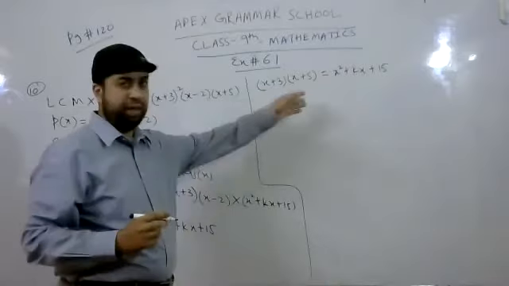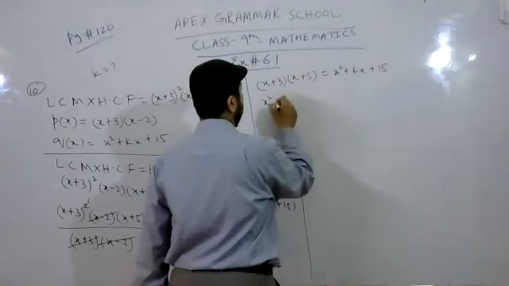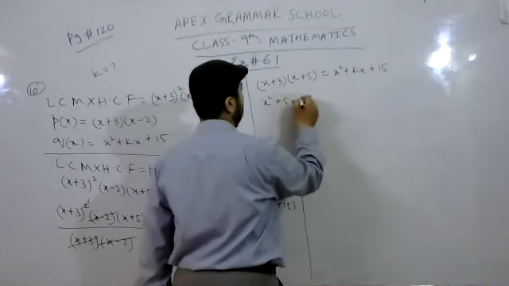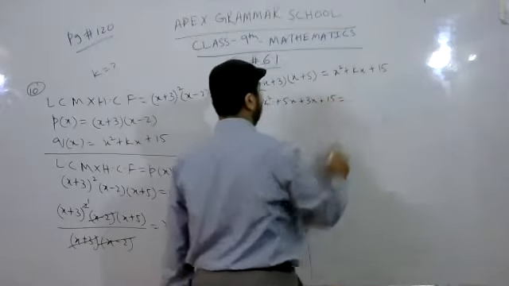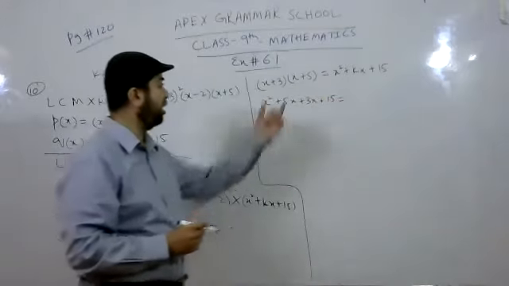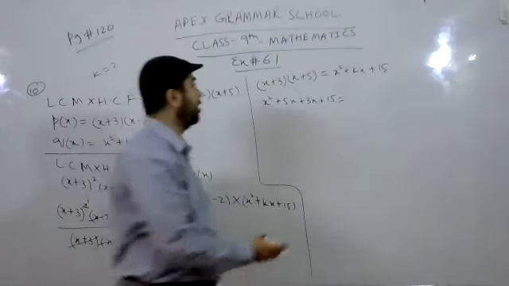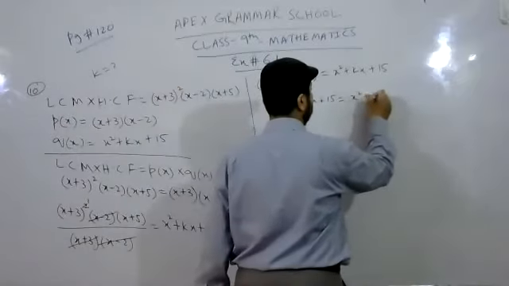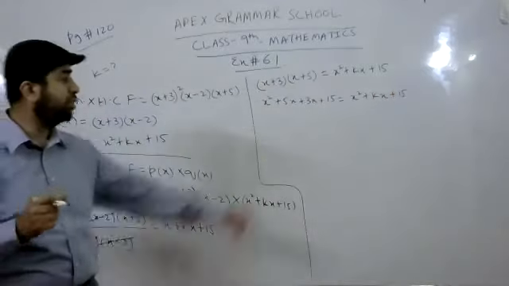So multiply both of them, that is x square plus 5x plus 3x plus 3 fives are 15. You have very good knowledge about algebraic multiplication from class 5, 6, 7, 8. This is equal to x square plus kx plus 15. Remember that we need to find only the value of k here.